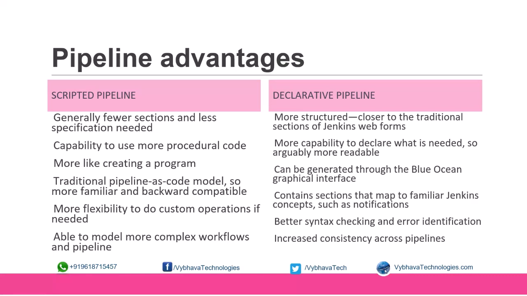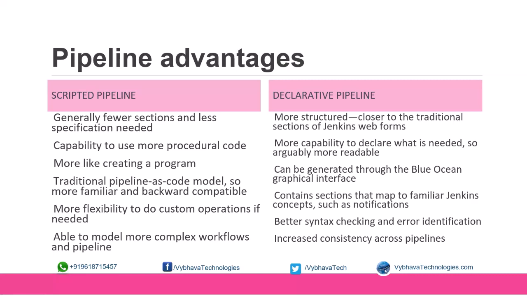In the left side, the fourth point is traditional pipeline as a code model. That is generally what we are going to see. Familiar, it is going to have backward compatibility. So whatever we write in this Groovy code, that is having the capability to work with the Java-based syntaxes also.